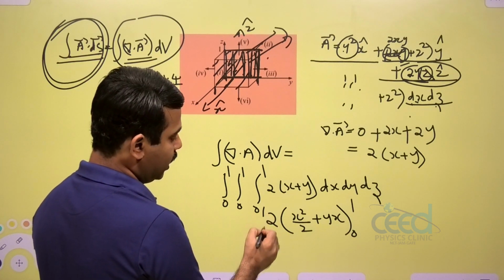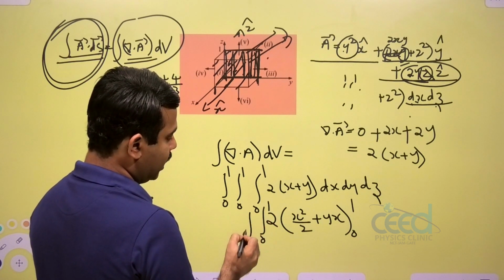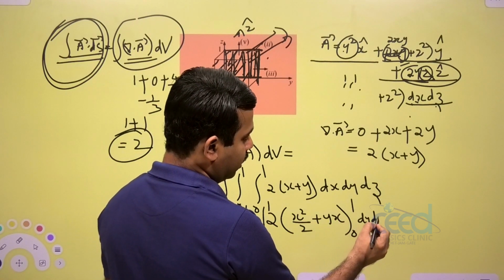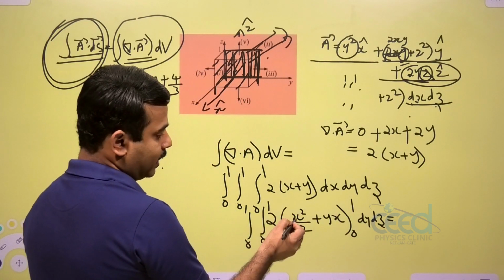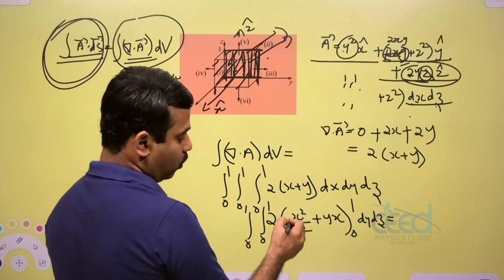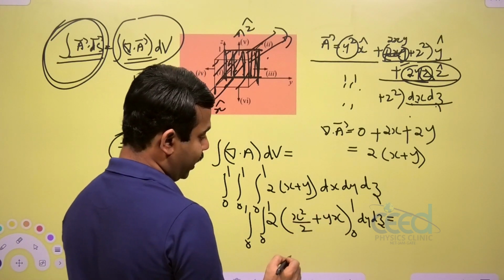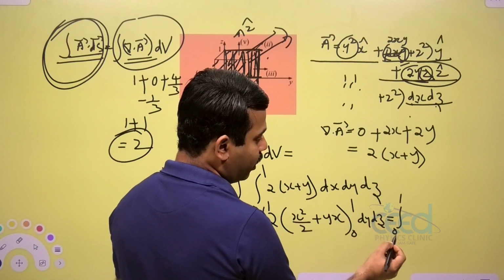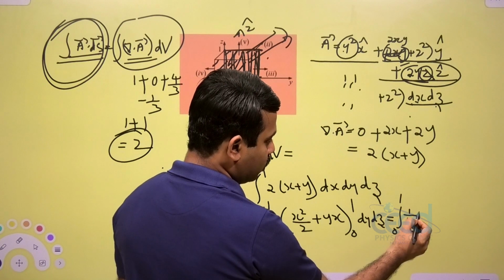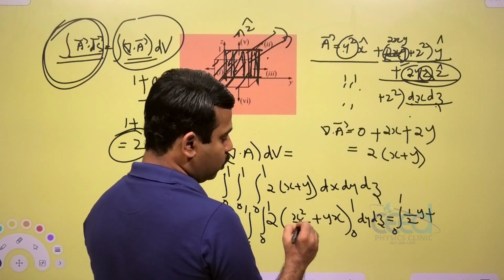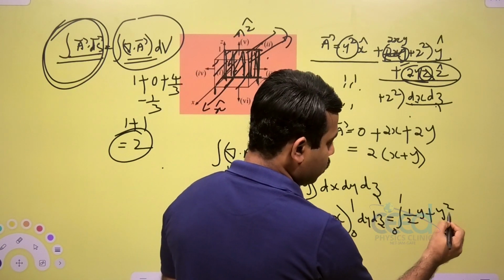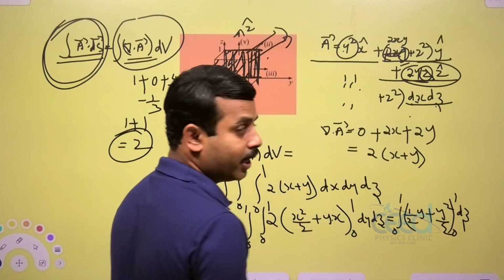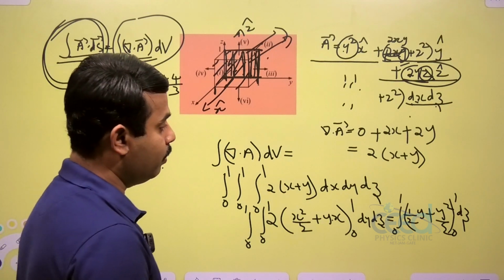Now keep the remaining two integral limits here, and dy dz here. Then what will you get? x is 1 here, so 1 by 2 plus y. Again I am integrating 1 by 2 plus y with respect to y, from 0 to 1, which gives y by 2 plus y square by 2, with only dz remaining.